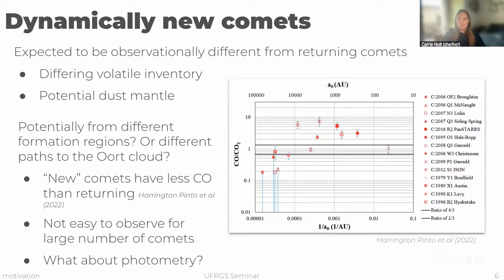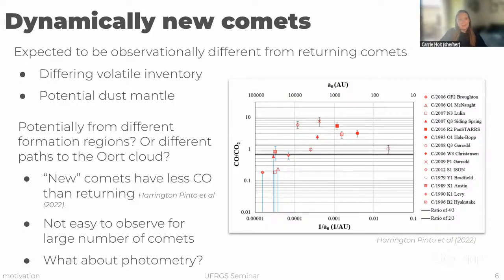I say surprisingly because CO is more volatile than CO2, meaning that we expect a new comet would have retained that more than a returning comet would. But we see actually the opposite. In this figure, on the far left is the Oort spike, and those objects have a lower CO to CO2 ratio than the other ones. So maybe we could use this CO to CO2 ratio as a diagnostic for whether it is new or returning.